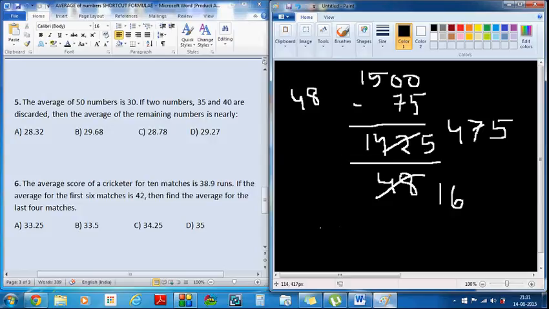Then I will convert into a decimal number, because the options are given as decimal numbers. Our answer will be in decimal.